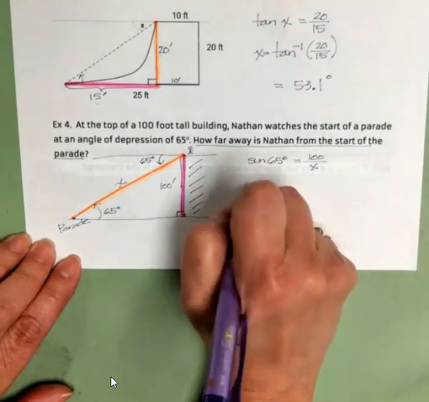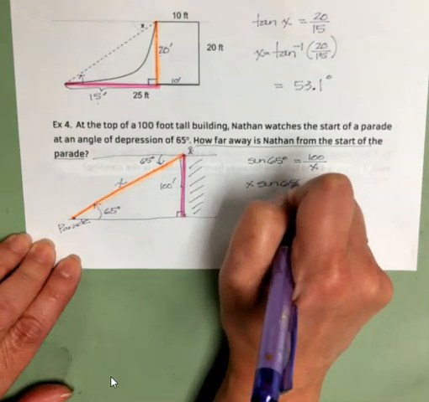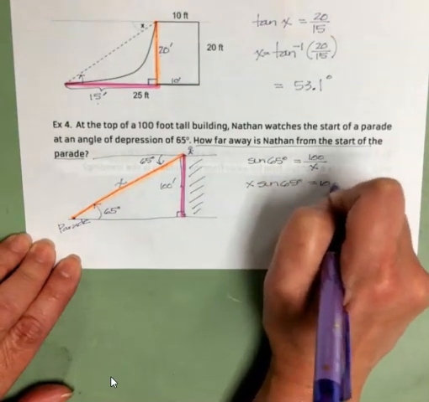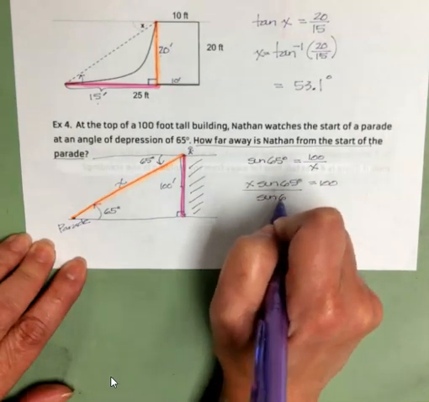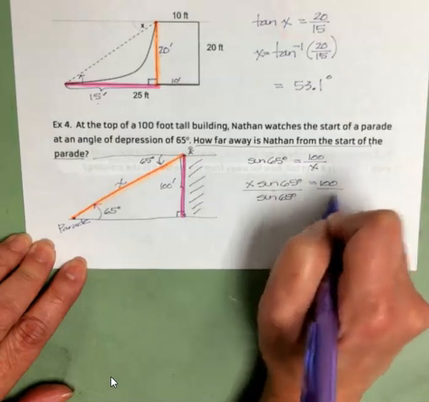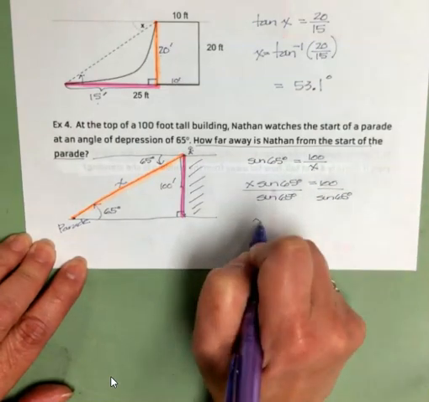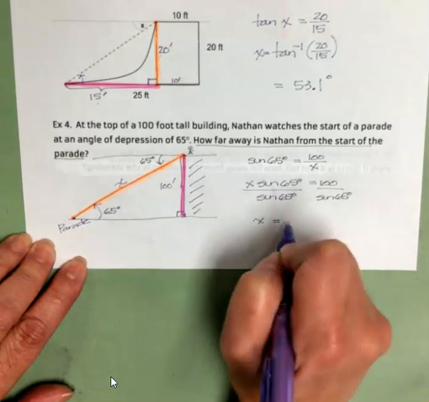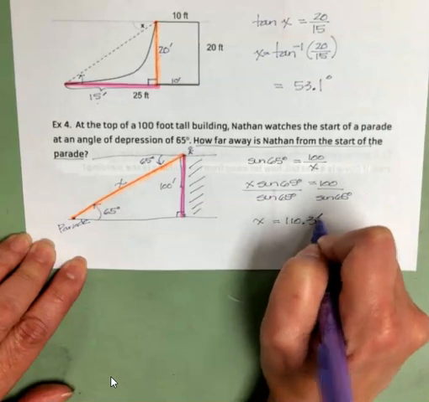So to get x out of the denominator, we multiply both sides by x. And then we divide both sides by sine of 65 degrees. And we get x equals 110.3 feet.